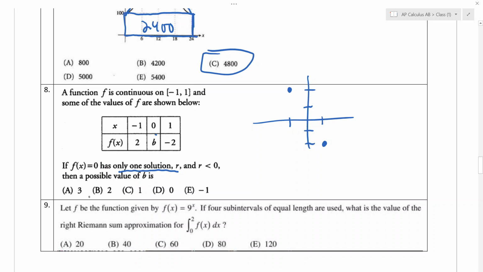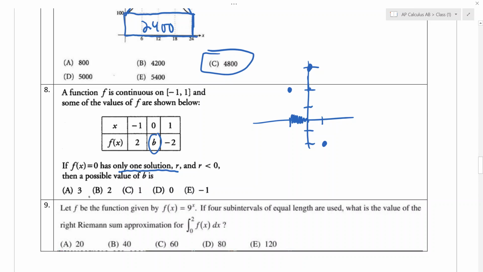If the y value is 3, that means it's up here. That make sense? Does that force us to have an x-intercept? Again, the x-intercept has to be negative, which means it has to hit back here somewhere. Do I have to go through there? Not at all. It goes up and comes back down again. Does that make sense? Yeah? Okay. So that's not what I want.